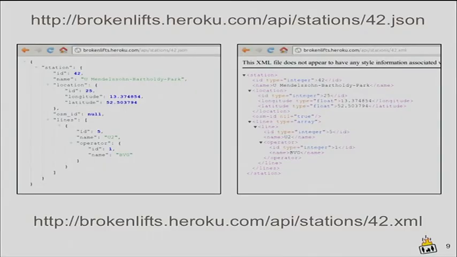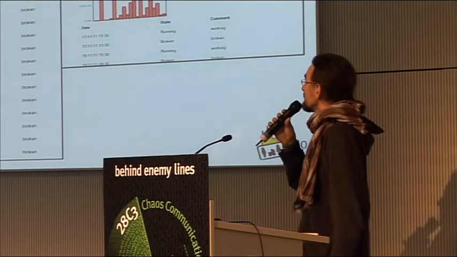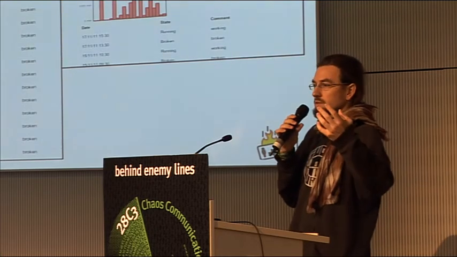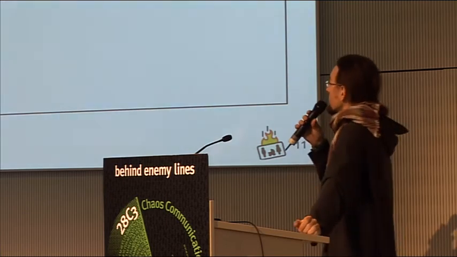For the front end, we decided to build a static web page working with HTML, CSS, and JavaScript to load information. We have a list of all the broken lifts and a detail view. There are also some statistics, because we're keeping the history of brokenness. That allows people to see if a lift is broken all day, so you won't go there anymore.